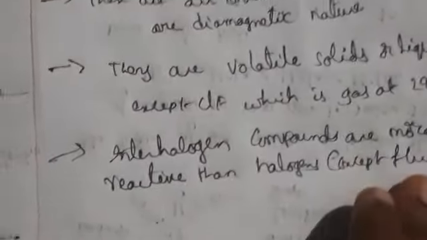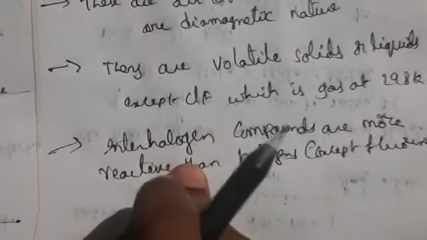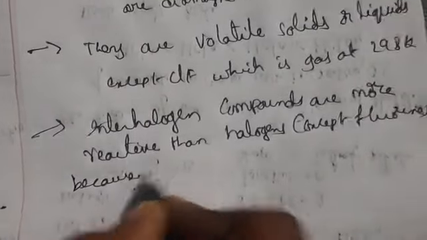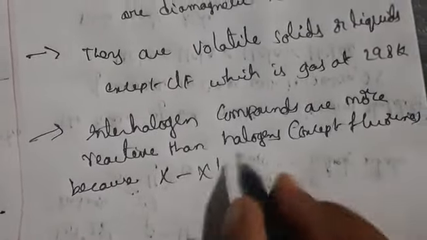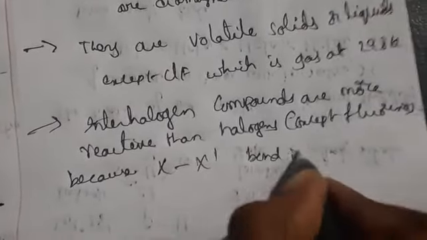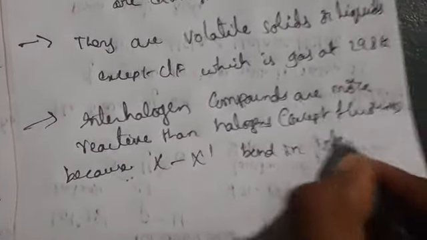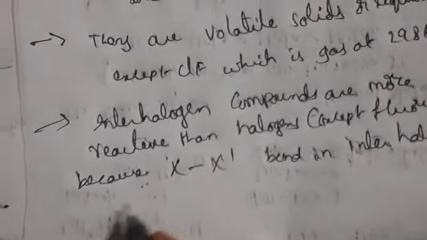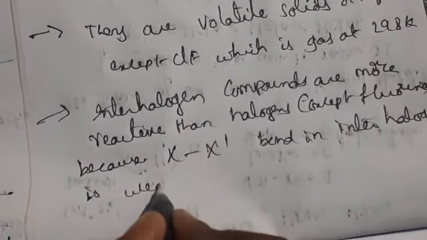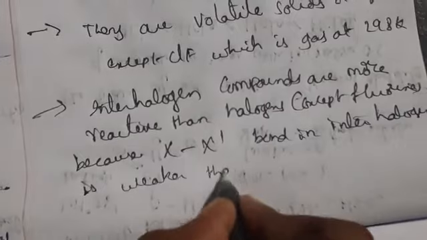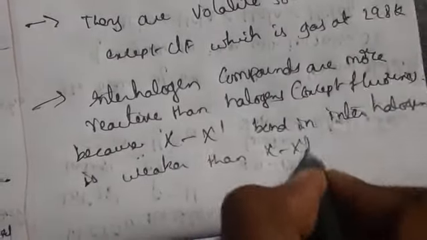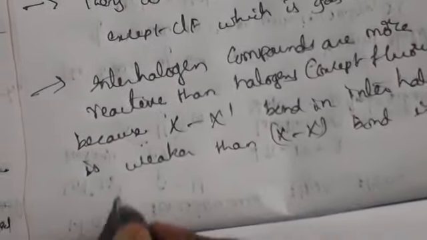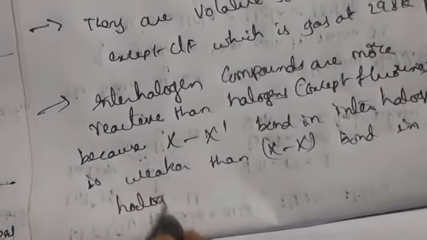Why are we saying more reactive? Because the X-X' bond in interhalogens is weaker than the X-X bond in halogens, except fluorine.